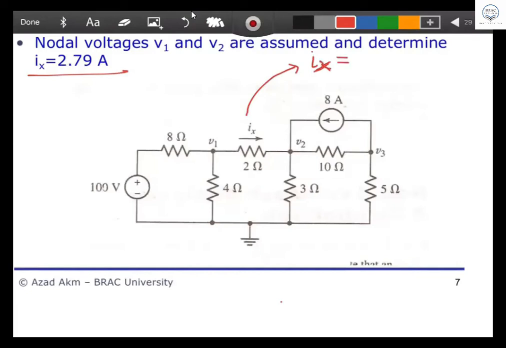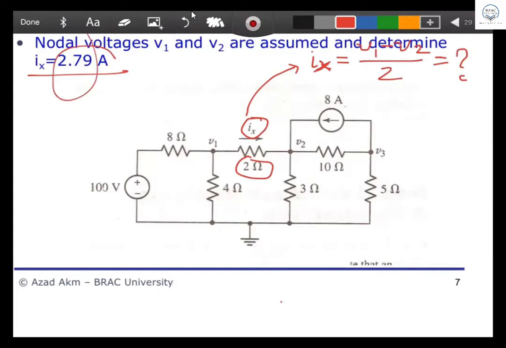The resistance is 2 ohm, current is Ix. What is the voltage? V1 minus V2. So Ix will be (V1 minus V2) divided by 2. That value is what you have to find. The answer is given. What is the answer? 2.79.